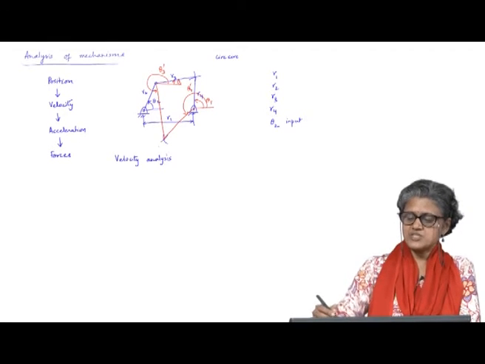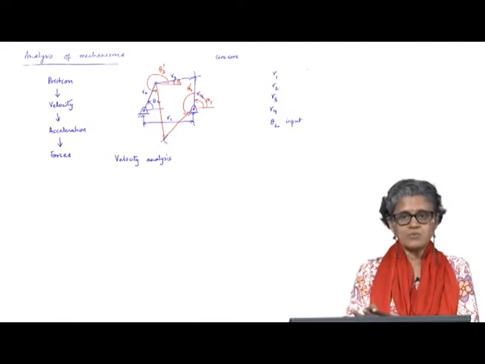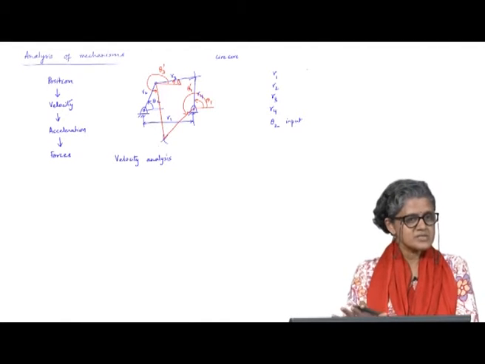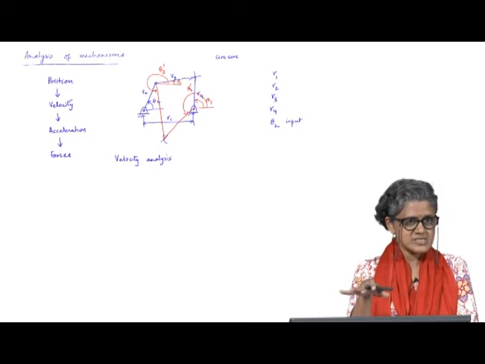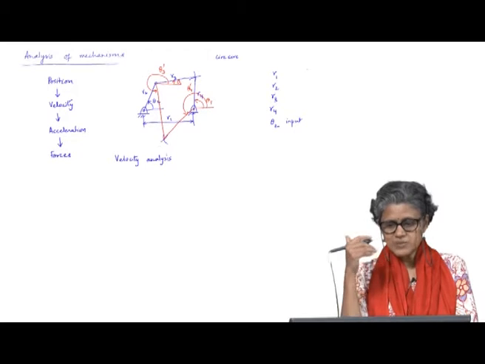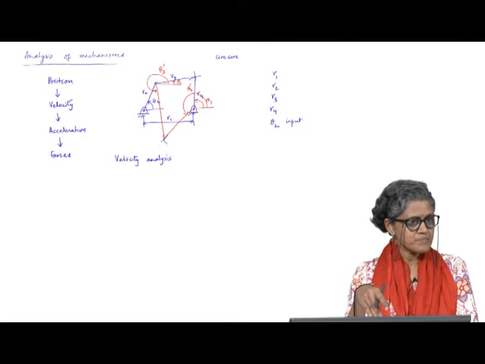The position analysis needs to be complete. You need to know exactly what the configuration is going to be in all the positions in which you want to do the velocity analysis, because you will need the configuration of the mechanism in the velocity equations.